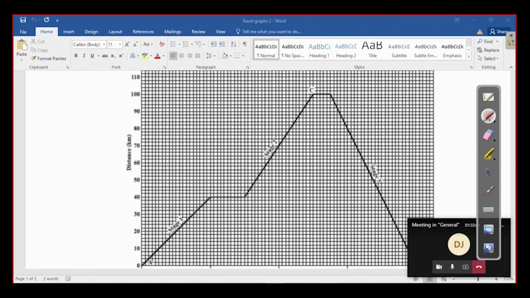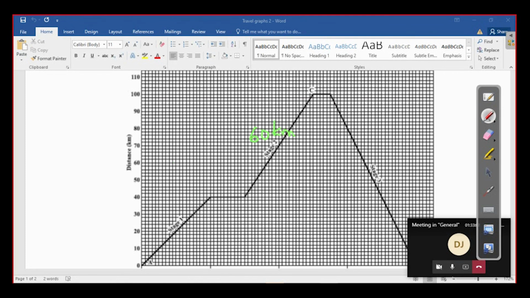So Dominique just told us that we need to calculate the speed during stage 1, stage 2, and stage 3. Because if we're going to get the average speed for the entire journey, we need to get these speeds as well. So the speed during stage 2 we just calculated as 60 kilometers per hour.